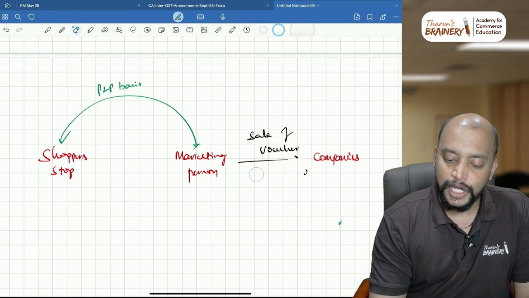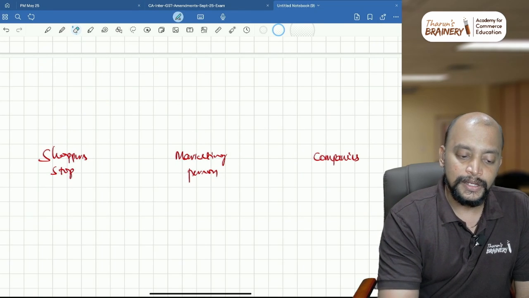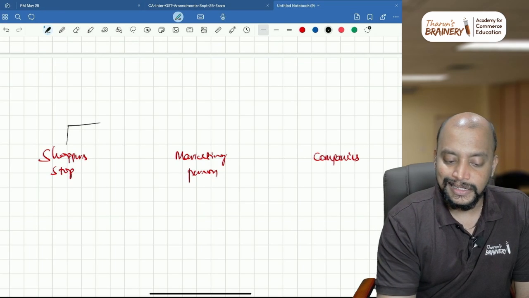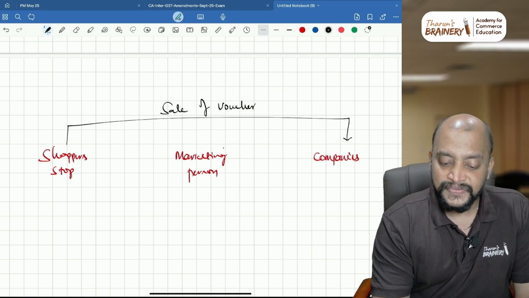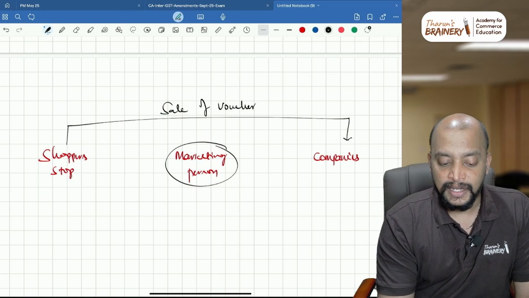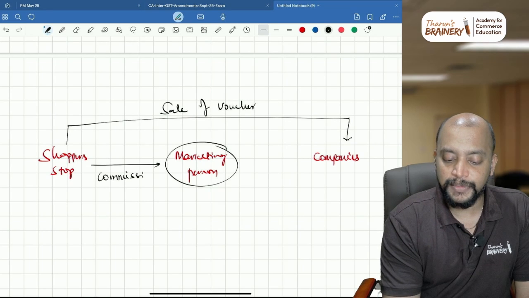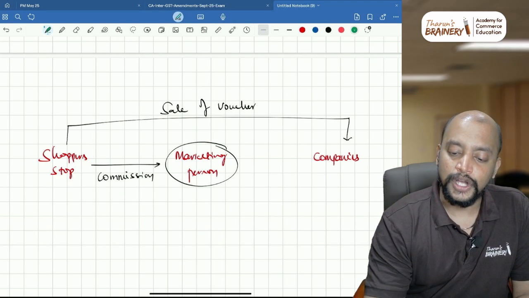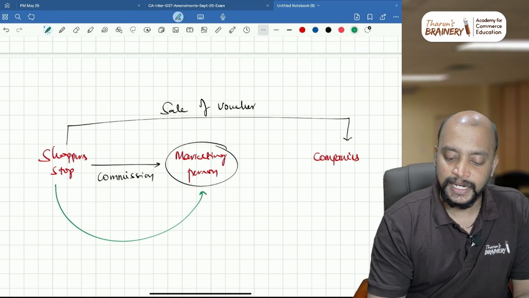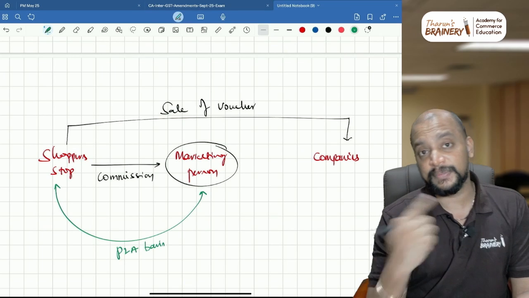Directly Shopper's Stop only will make the sale of voucher to the companies, and as this is facilitated by this marketing person, Shopper's Stop gives a commission to this marketing person. Now in this case, what will happen? Now Shopper's Stop and the marketing person are working on P to A basis, principal to agent basis.